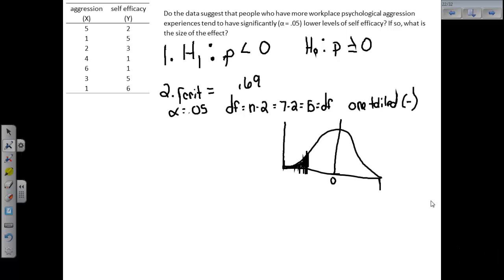And because I drew my picture, I'm not going to forget that it's a negative 0.669. So let's put that there. Okay, let's do step 3 on the next page.